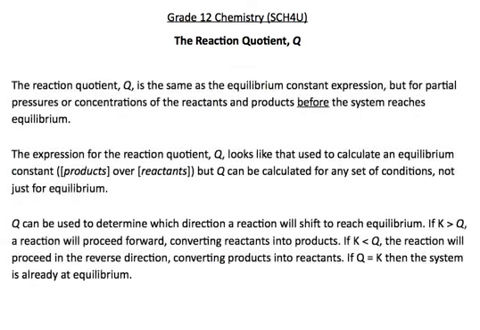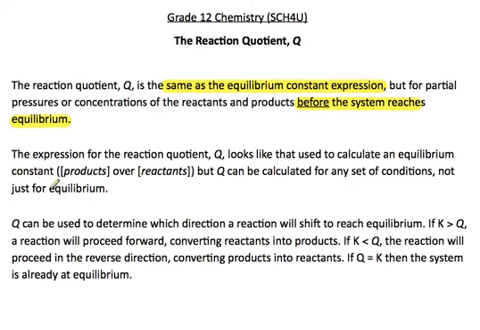Okay, so the reaction quotient Q is the same as the equilibrium constant, at least in terms of the expression. But the idea here is that we're not sure if we're at equilibrium. So the concentrations or partial pressures we're dealing with are calculated before a system reaches equilibrium.